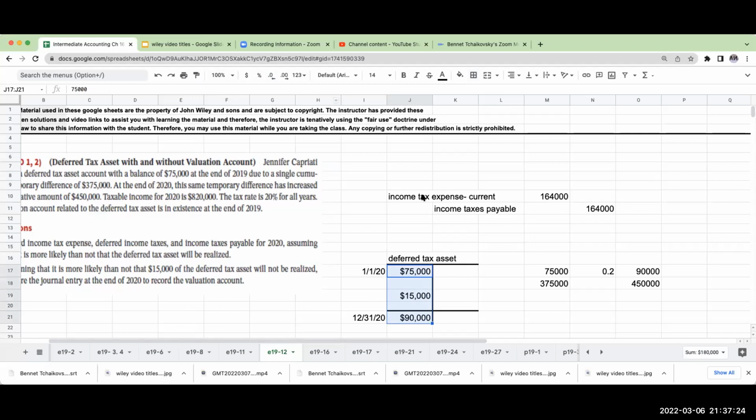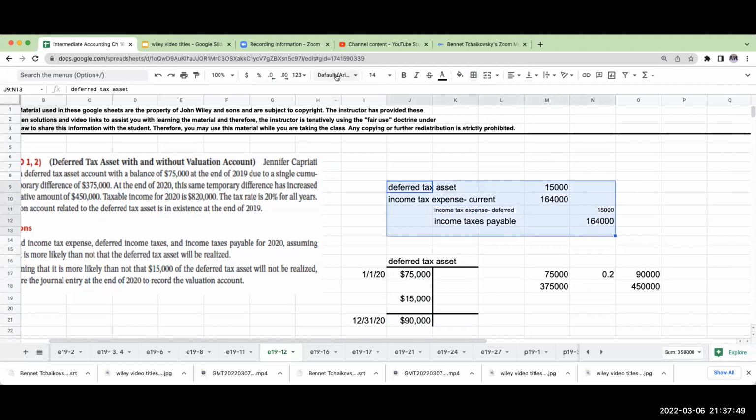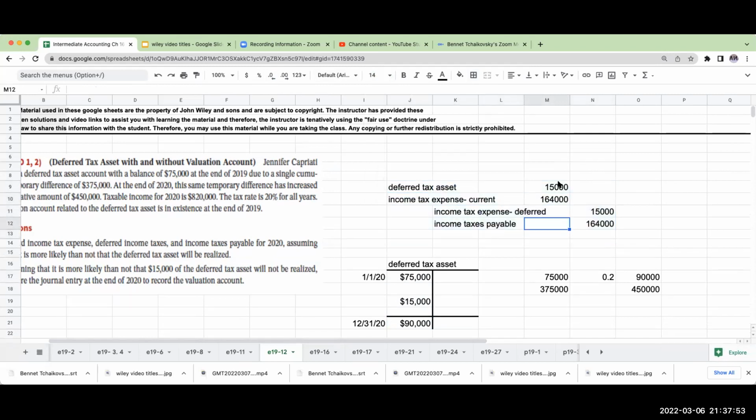So I'm going to have a debit to deferred tax asset for $15,000. And then to balance this, I'm going to have income tax expense deferred for $15,000. Okay, so let's go ahead and do this.